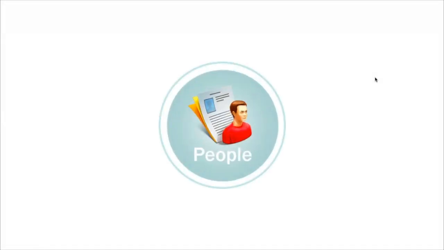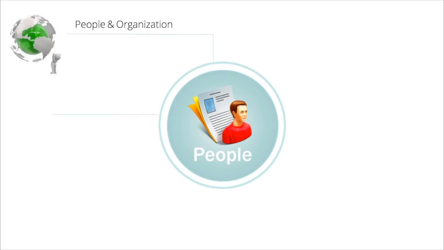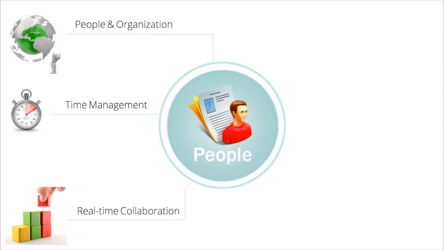In Zoho People, we have modules to address every aspect of HR management. For your people and organization, we have the centralized employee database and your self-service options. For time management, we have the attendance, the time off, and the timesheets. For employee collaboration, we have instant feeds and notifications.